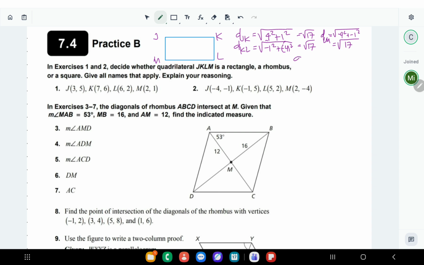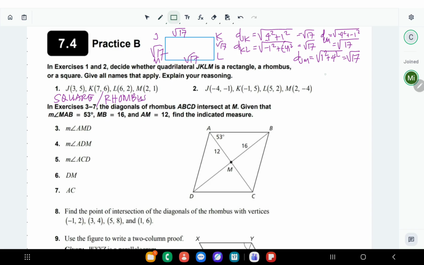Then the distance from J to M is 3 minus 2, 1 squared, plus 5 minus 1, 4 squared. So this is 17. All of the sides are equal, square root of 17 for the first one, so this can be a square or a rhombus.